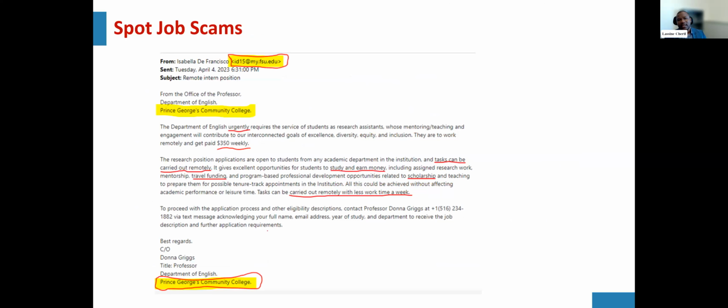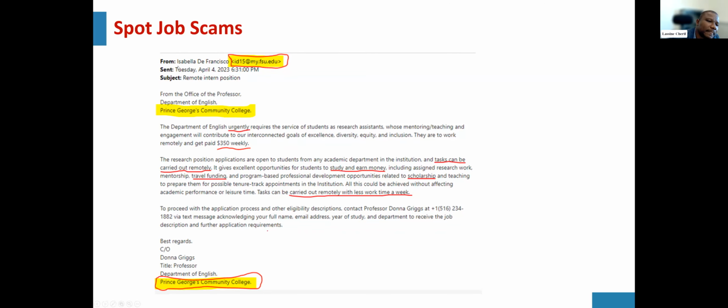So now, let's look at an actual email scam. This is the email that was sent out to all of our students a couple of weeks back. So let's review it and identify the red flags. All right. Let's start with the highlighted items.